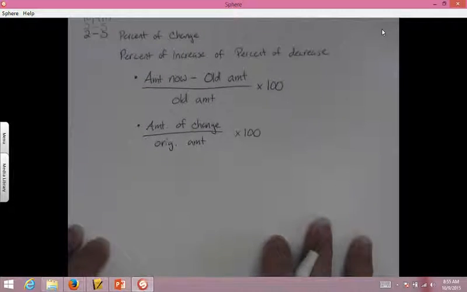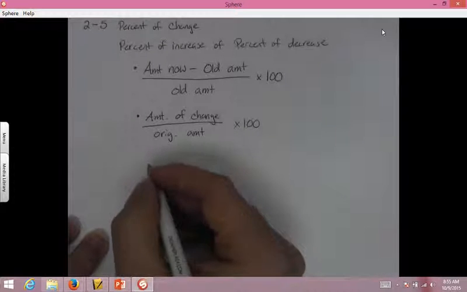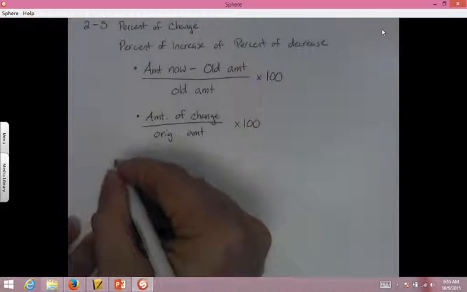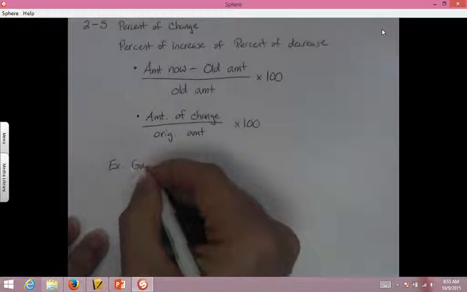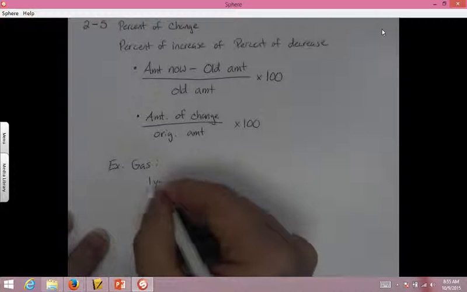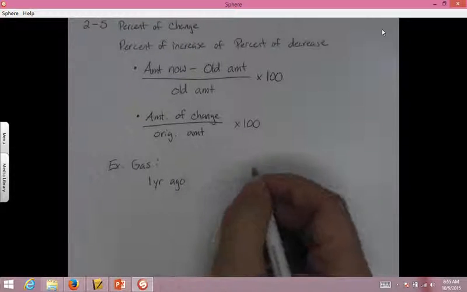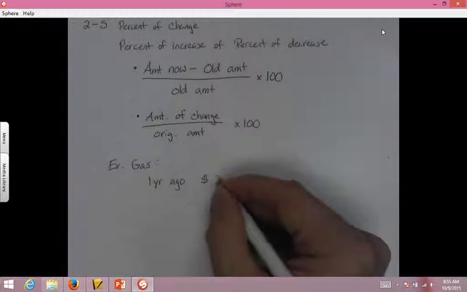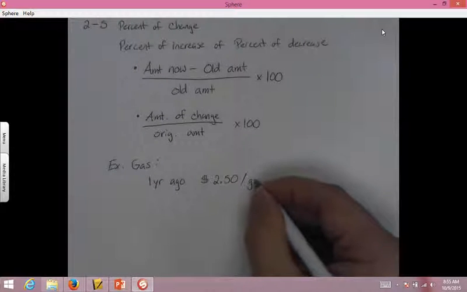Now, we're going to go through an example of this. Let's do a real-life example. And let's use gasoline prices. So, 1 year ago, I paid about $2.50 per gallon for gas in my car.